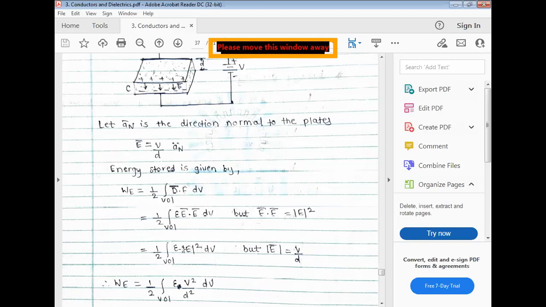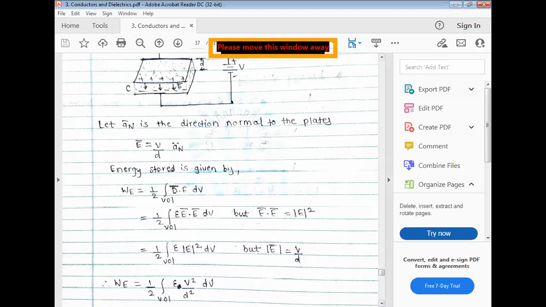But here E bar is equal to V upon d into a bar n. If we take its magnitude, the unit vector gets cancelled, and there will be only the magnitude, that is V divided by d.